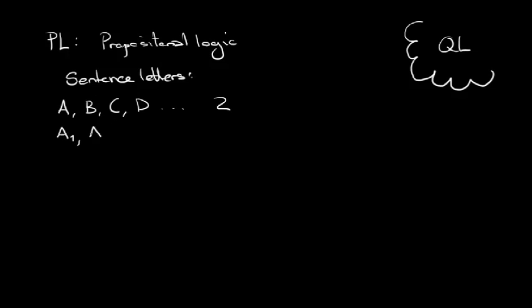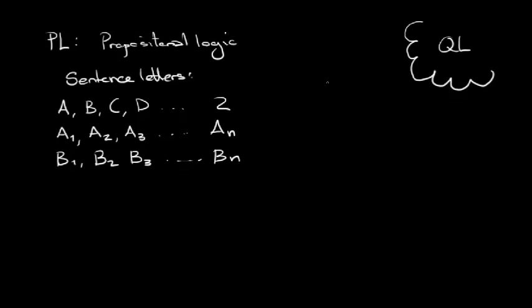So A1, A2, A3, all the way to An are all sentence letters that we can make use of, and of course also we could have B1, B2, B3, all the way to Bn, and the same for every other letter of the Roman alphabet. So we've got an infinite number of sentence letters to play with.